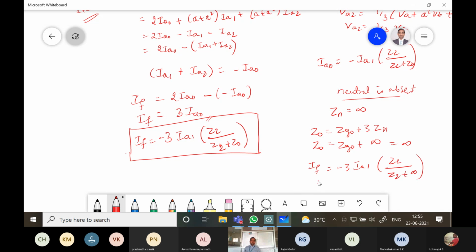So the fault current will be 0 under the neutral absent condition. Okay, so this is the expression for double line to ground fault for an unloaded generator.